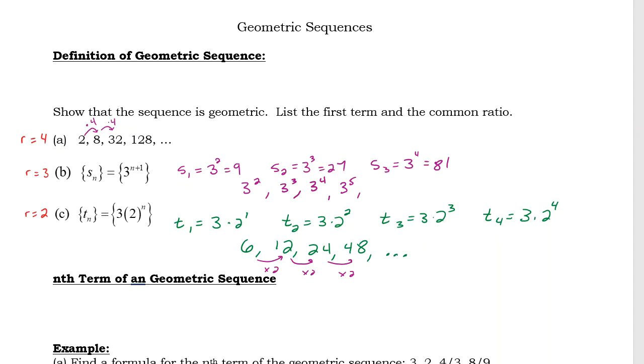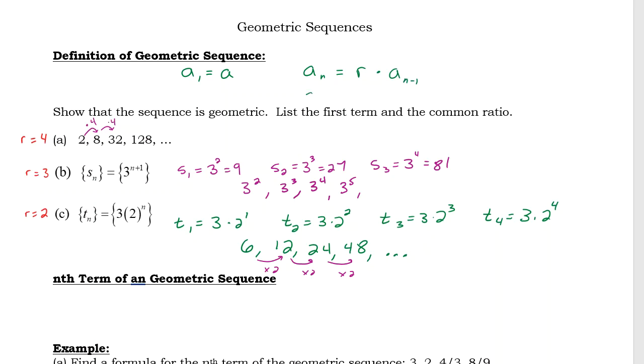So the key definition of a geometric sequence: let's say the first term of a geometric sequence is some number a. Then the nth term of the geometric sequence can be found by taking the common ratio and multiplying it by the term before that, which would be a sub n minus 1.